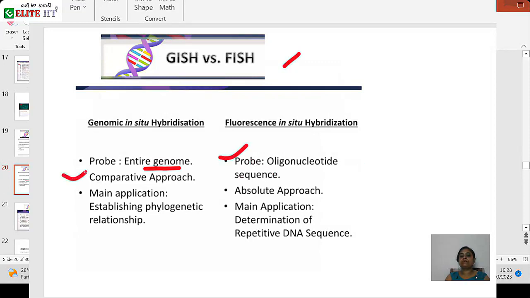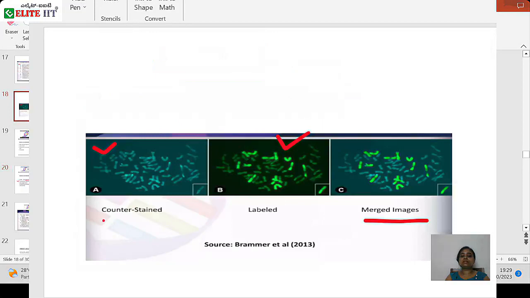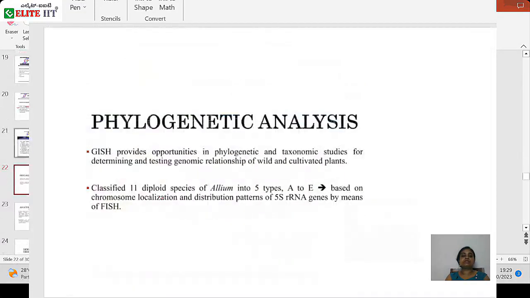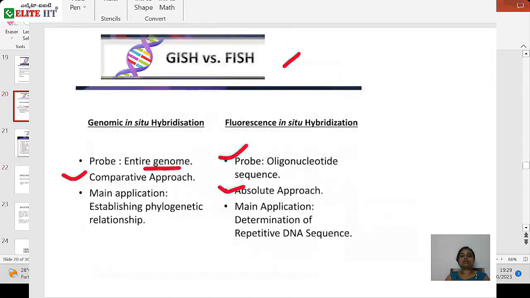A comparative approach is taken in the case of GISH, but in FISH you have to do the absolute approach. Comparative means we are doing a comparison. Here counterstaining is done with the labeled DNA and we are comparing it. A comparative study happens only in the case of GISH, but in FISH you are directly identifying the chromosome, or any sequence inside the chromosome.